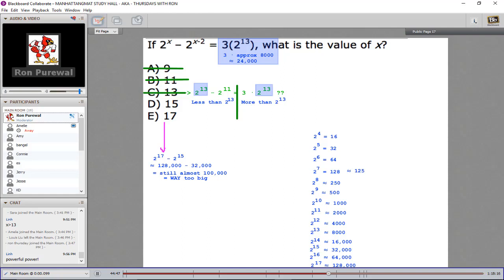So no to E. If we approximate D, this is 2 to the 15th minus 2 to the 13th. So this is approximately 32,000 minus 8,000. Look at that.